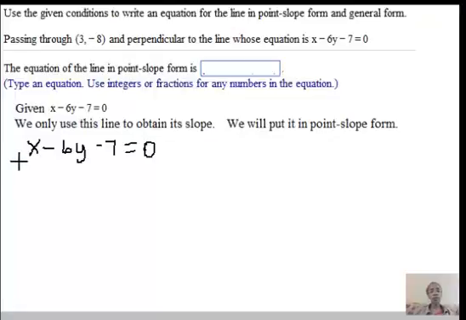So we are going to subtract x from both sides, and we're also going to need to add 7 to both sides of the equation. So we're left on the left with minus 6y, and on the right we're left with negative x plus 7.